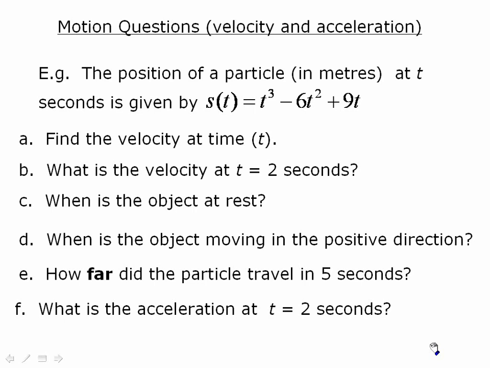So I'm going to bring up a screen to get some space for this one, and let's go through it question by question. So for A, question A wants us to find the velocity at time t. So we should be fairly comfortable with that. The velocity function is the derivative of the position function, so s prime at t.